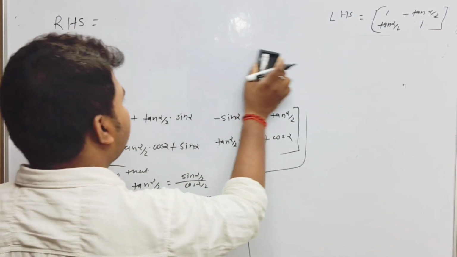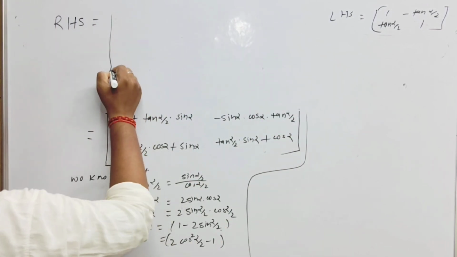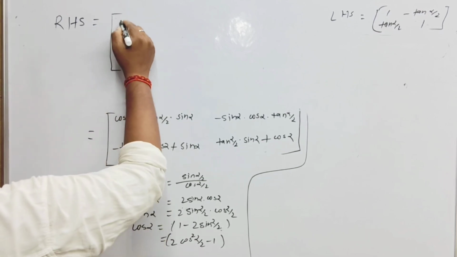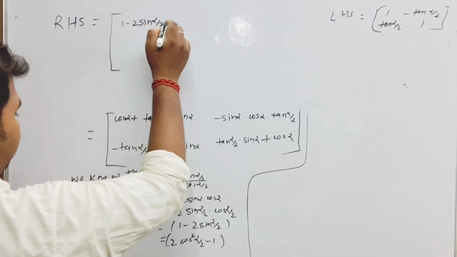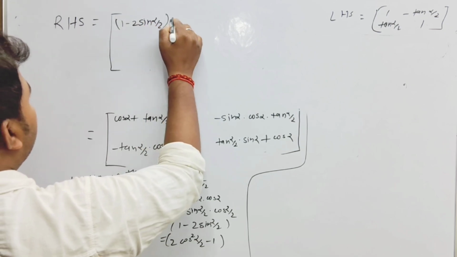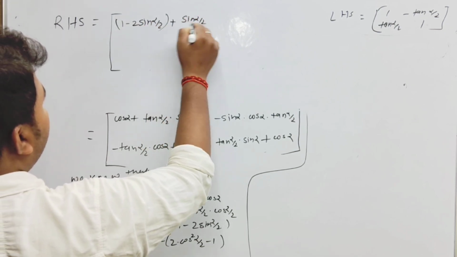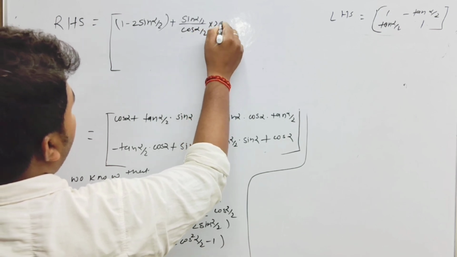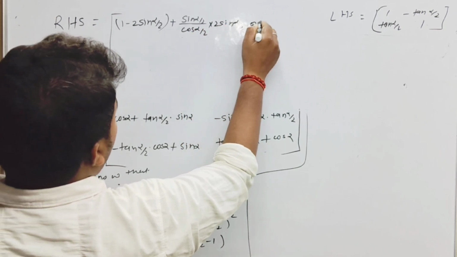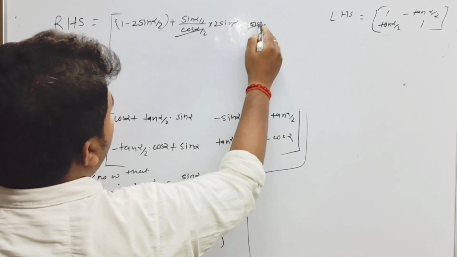Then after, we can write 1 minus 2 sin alpha by 2 plus sin alpha by 2 by cos alpha by 2 into 2 sin alpha by 2 into cos alpha by 2. This is cut.